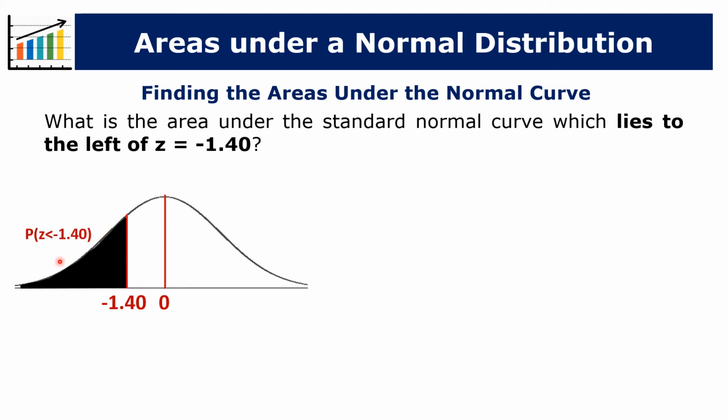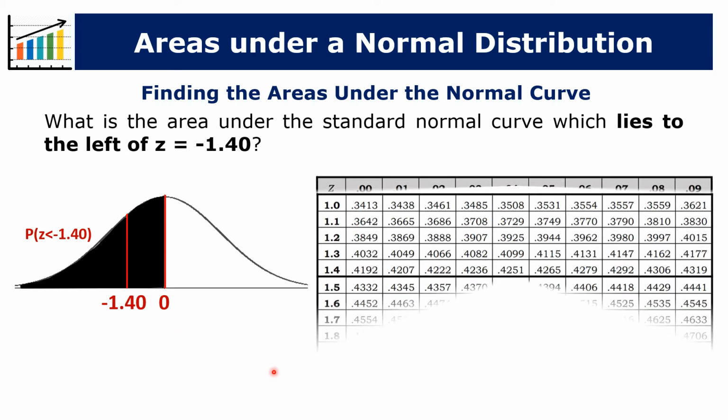Okay, in symbol we have P of z is less than negative 1.40. So paano natin i-solve? Of course, we know that the area of this half is 0.5. So there's a need for us to remove this area between 0 and negative 1.40. And what is the area of this one? We are going to use the z-table.